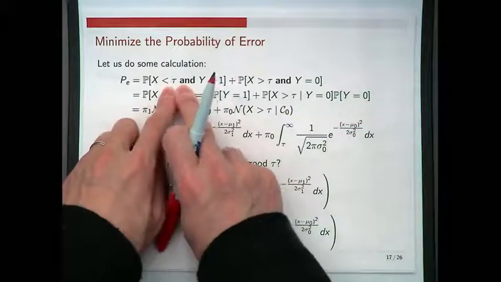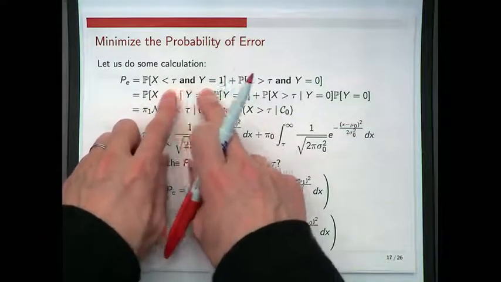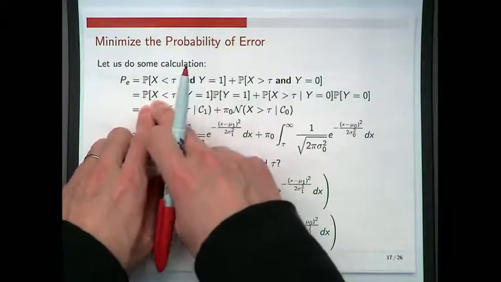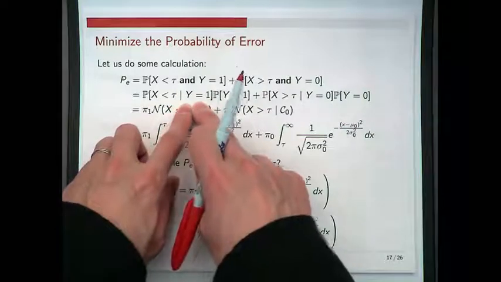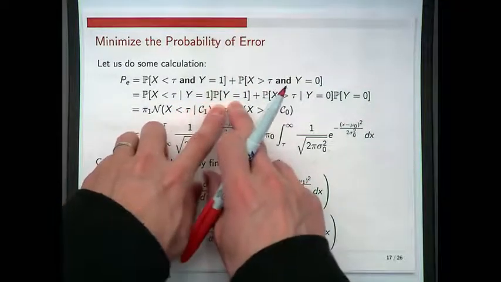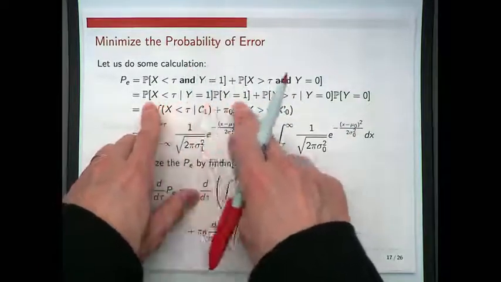This is the intersection of two events, and by the very simple definition of conditional probability, you can write down the conditional probability that x is less than tau, given that y is actually class 1, times the prior probability that class is 1. This is undergraduate probability, right?